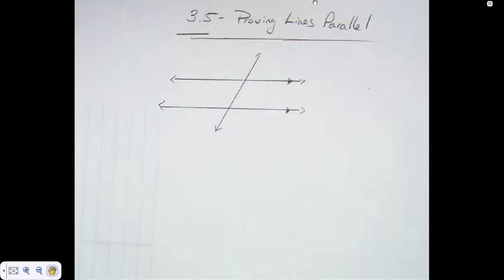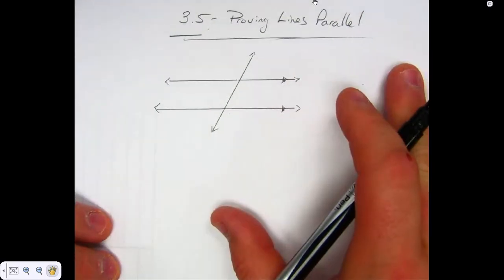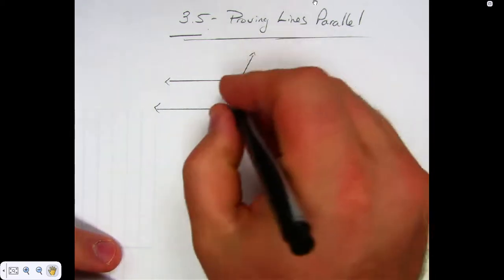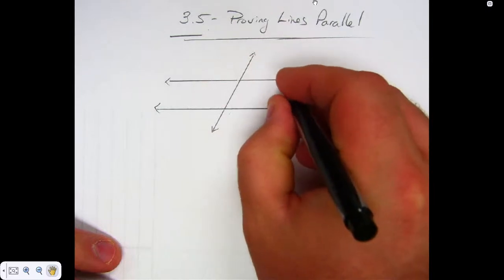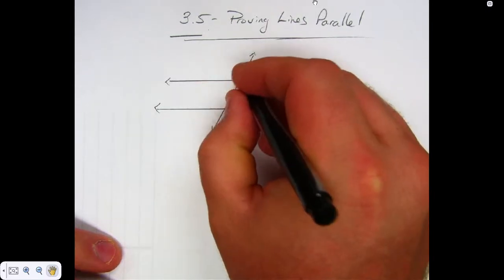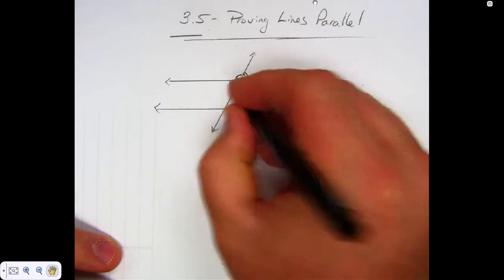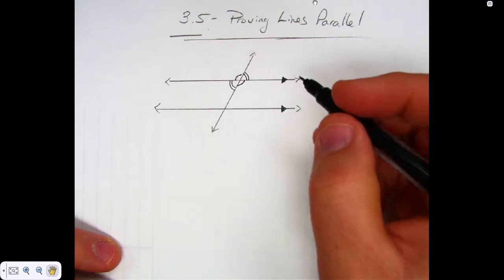All right. I want you guys to remember this. And I did this more in third and fourth hour. But basically, the situation when these two are parallel, it always works out like this. This angle is going to be congruent to that angle, and that one's going to be congruent to that one, right? Because they're vertical angles.